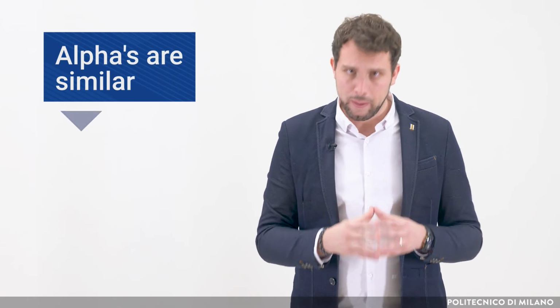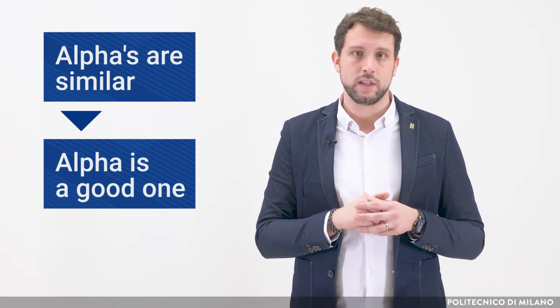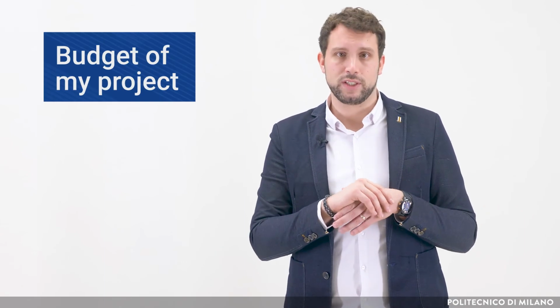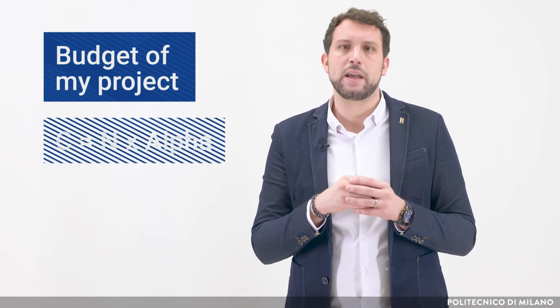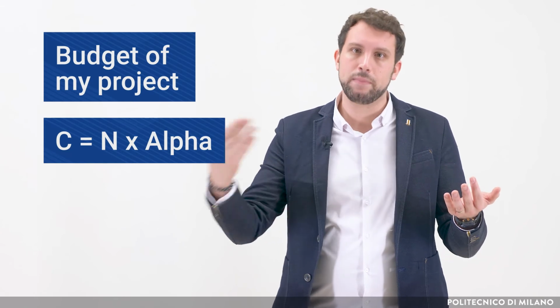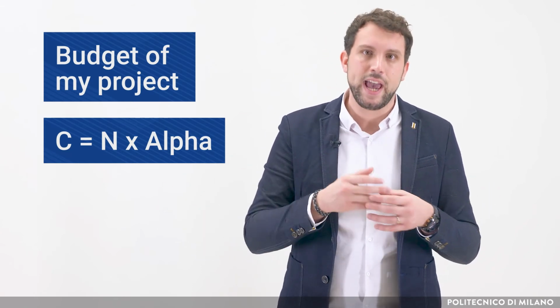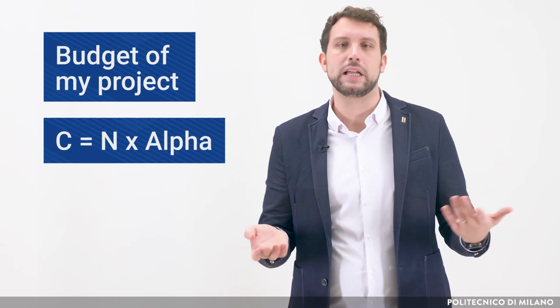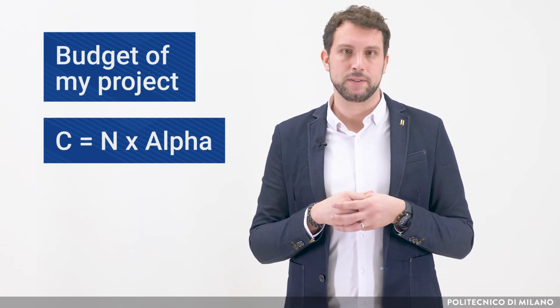Now, the idea is that if these numbers are similar, probably this parameter is a good one that I can use in order to calculate the budget of my project. How? I just take the number of seats of my new project, I multiply it for the average of this, and I should obtain something quite similar to the final budget of the project.